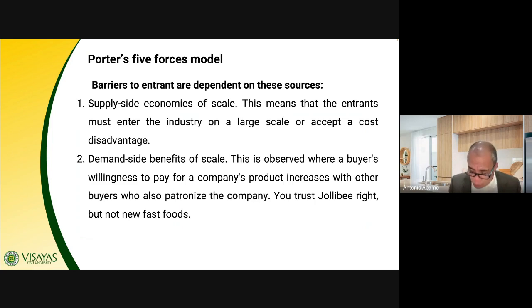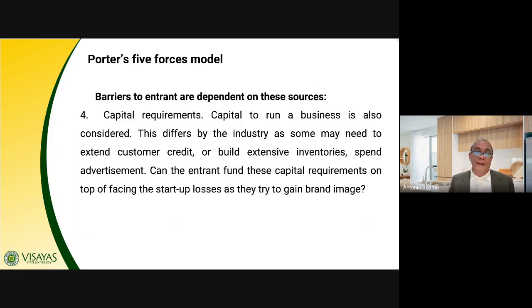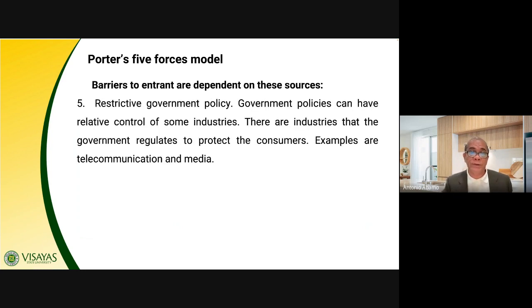Well, it depends on your unique selling proposition. Another is customer switching cost. Is it easy to switch to another product? If it is easy, then you need to think twice before penetrating and competing with the existing competitor. Capital requirement is also very important in the competition.